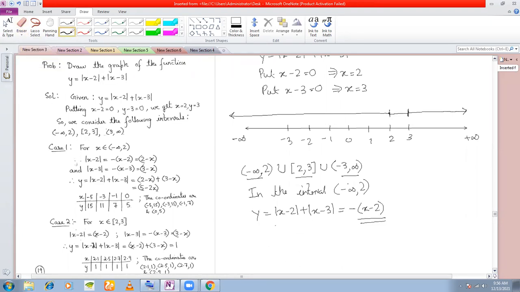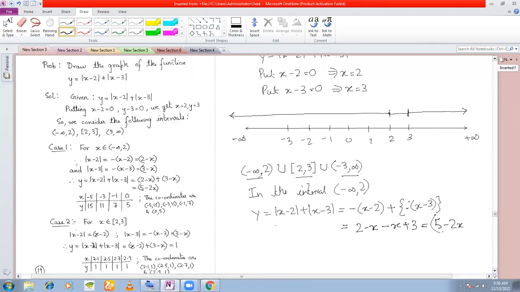And similarly, for |x − 3|, if x is a number less than 2, then this will also be negative, −(x − 3), right? So therefore, in this interval, the value of the function you are getting is 2 − x, and you have −x + 3. So you're getting here 5 − 2x.